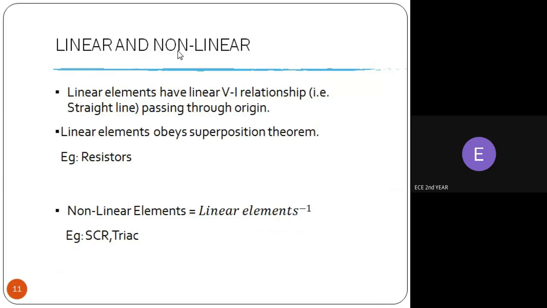The voltage and current relationship cannot be defined by a straight line passing through the origin, and it can vary in any direction at any time, depending upon the element. Examples of non-linear elements are the diode, transistor, zener diode, triac. All the semiconductor devices come under non-linear devices or non-linear elements.